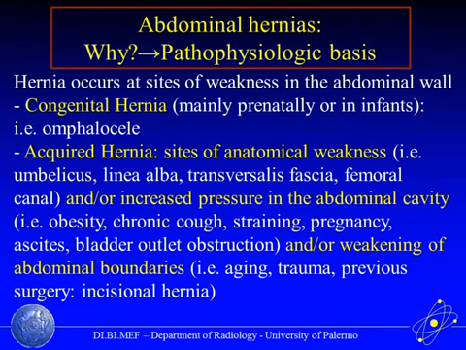In this case, hernia occurs at sites of anatomical weakness, such as umbilicus, linea alba, transversalis fascia, femoral canal, and is often associated with increased pressure in the abdominal cavity due to obesity, chronic cough, straining, pregnancy, ascites, or bladder outlet obstruction, in conjunction with the weakening of abdominal boundaries, for instance, due to aging, trauma, previous surgery.